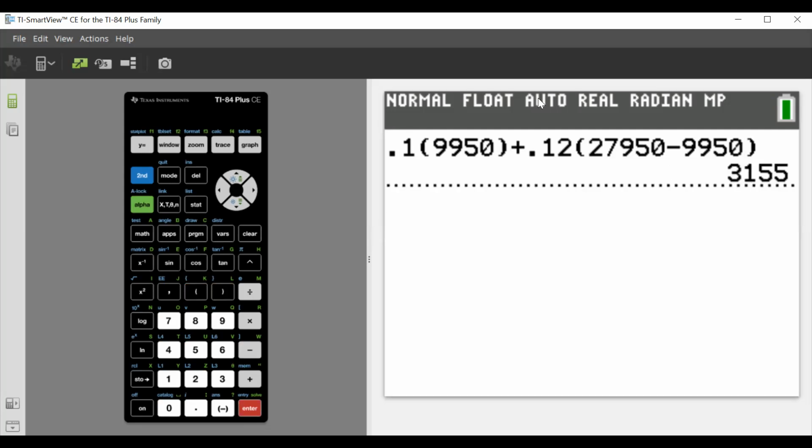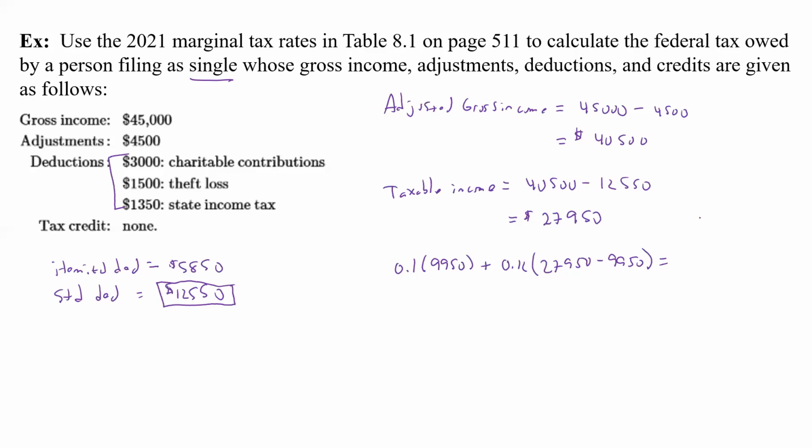So that's 3,155. Now, no tax credits, so we can't subtract anything off. So that then is going to be what we owe for taxes.